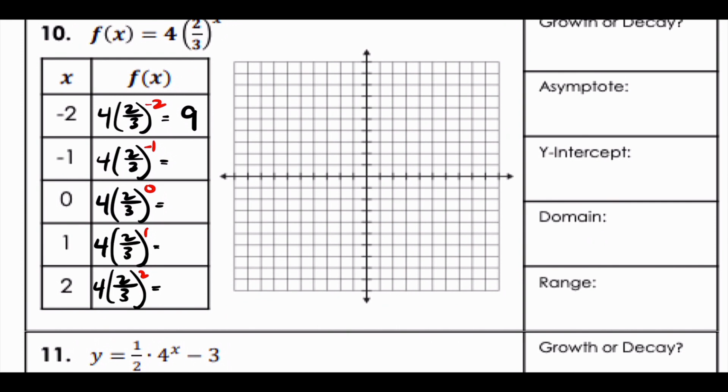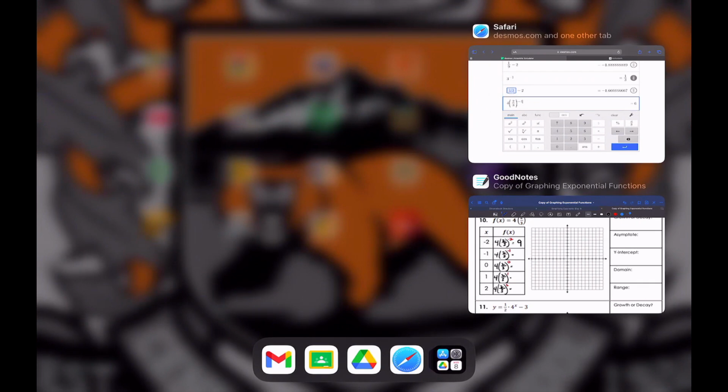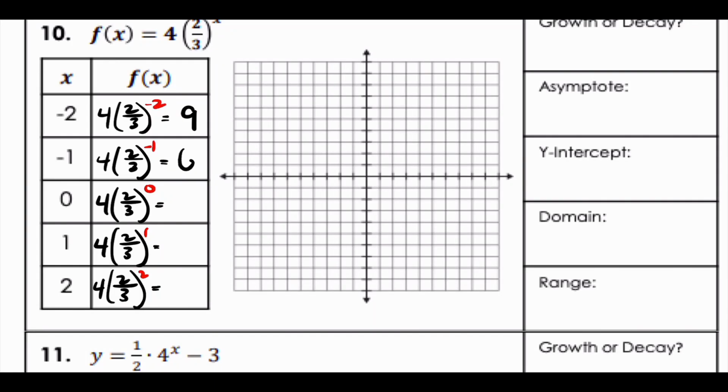Yeah, we got 3 minutes left. Let's say -1 now. Let me change to -1. My answer is +6. So if you want to pack up, start writing down. Let's finish the table. 0 power. Anything to the 0 power is 1. So 4 times 1 is 4.